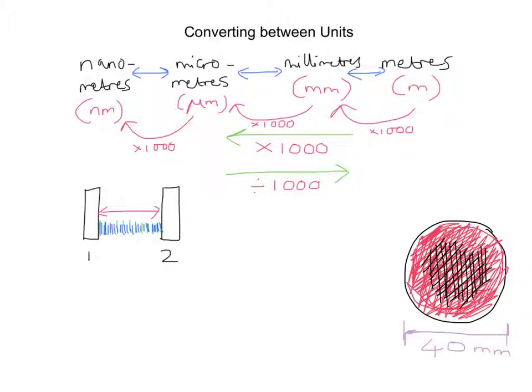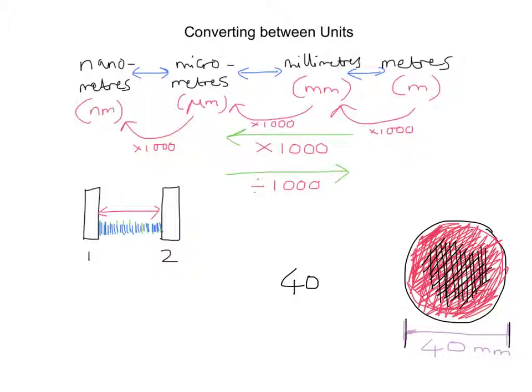Now, if you were told to express that in micrometres, for example, I'd take my 40 millimetres. I'm going from millimetres to micro, so I'm getting more units in that distance, almost between here and here. I can get more micrometres for my money in there.